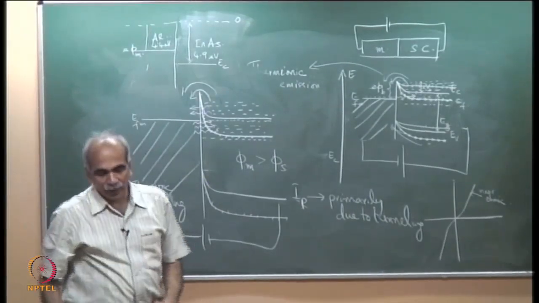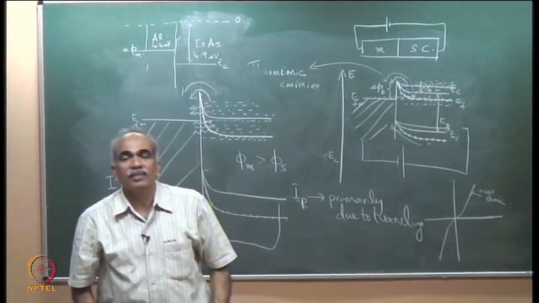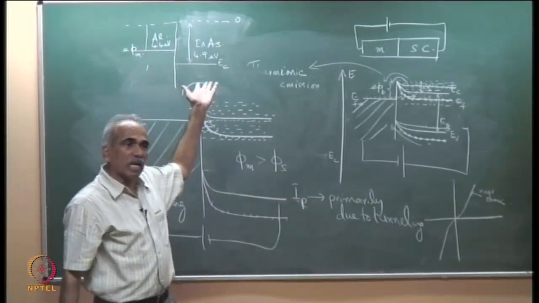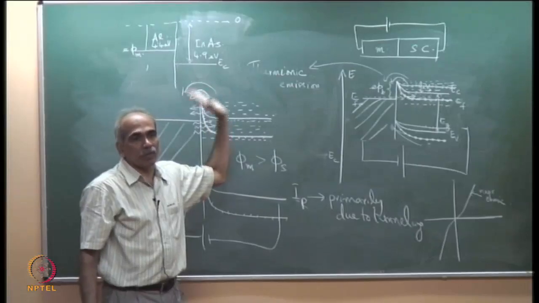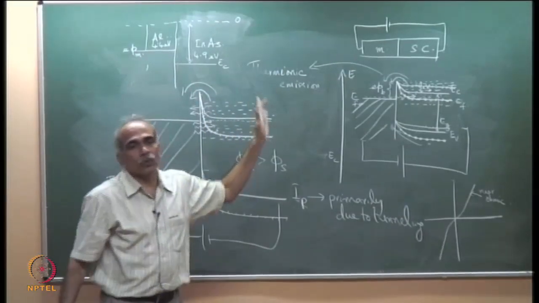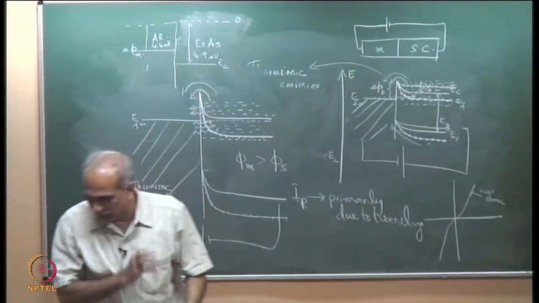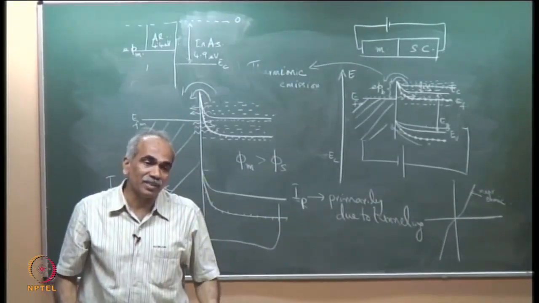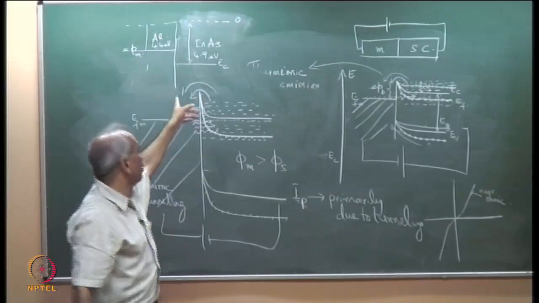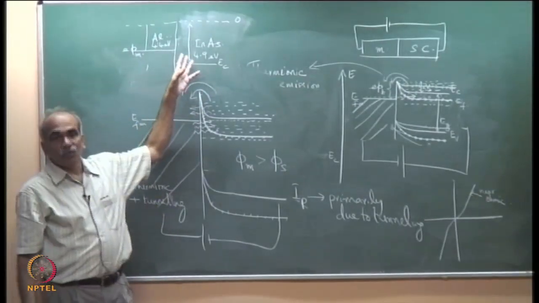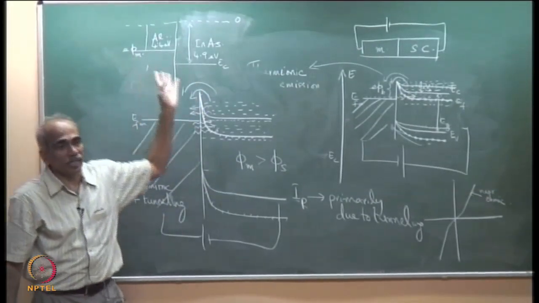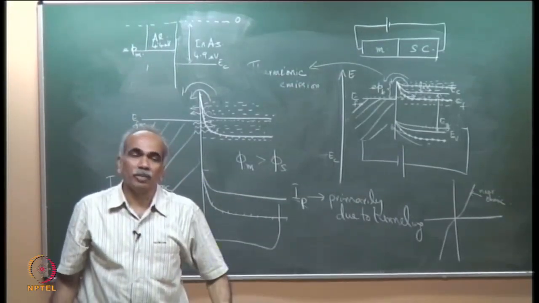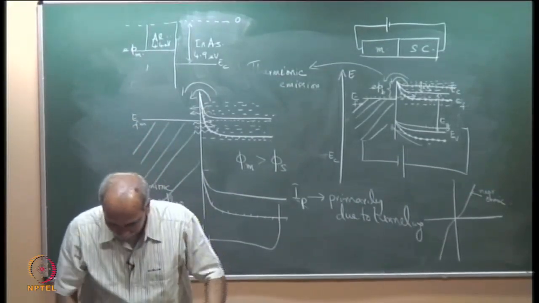Find out, and you will see that there is no Schottky barrier in this junction, and it will be a very good ohmic contact. Current can flow freely in both directions, but we do not have many metals and semiconductors where you can have this situation where phi m is smaller than chi. So, if phi m is smaller than chi, then there will be no Schottky barrier.